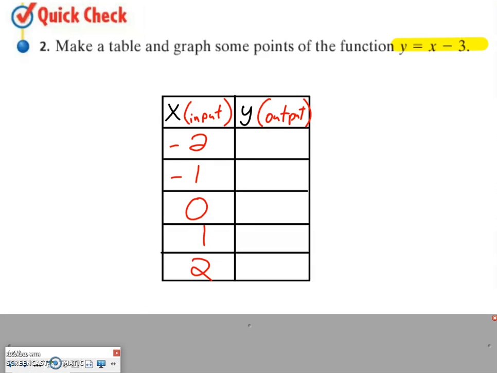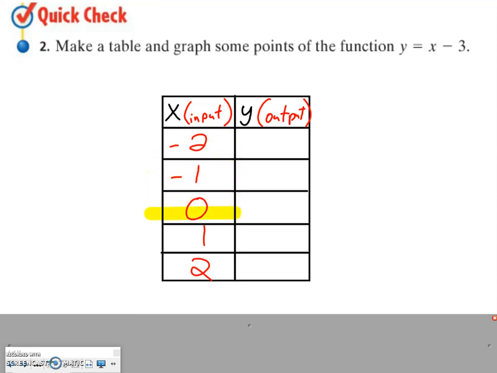Here is your next job. I want you to write down this function, y equals x minus 3, on your paper. Create this function table where you have your x's, your inputs, on the left, your y's, your outputs, on the right. Since they're your inputs, you can choose whatever you want to. Let's make it nice and simple and start at negative 2 and go to positive 2.